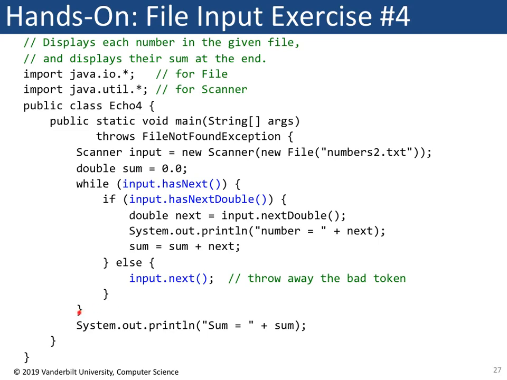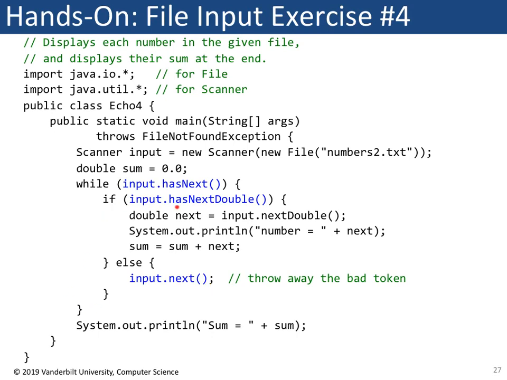And so we hit the end of the loop, jump back to the test, and check again. Are there more tokens left in the file? If yes, we check to see if that token is a double. If it is, we're going to add it to the sum. If it's not a double, we are going to consume it and move the input pointer to the next token.